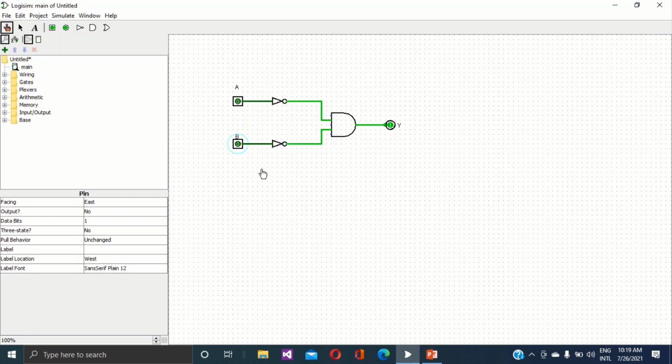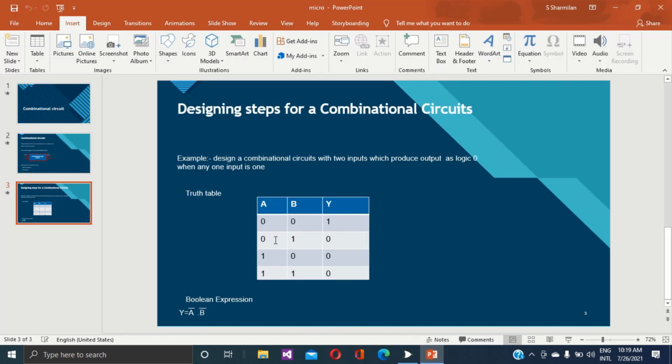Now I am going to set a equals 0, b equals 1. Here see my output y has changed. Here my output y equals 0. Output is y equals 0. So the second row is correct.